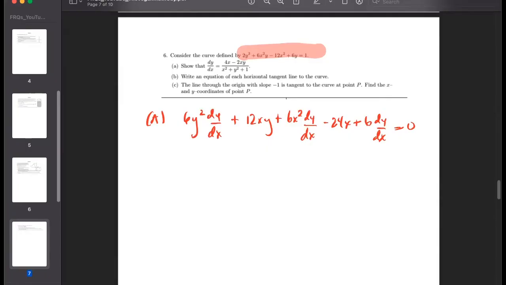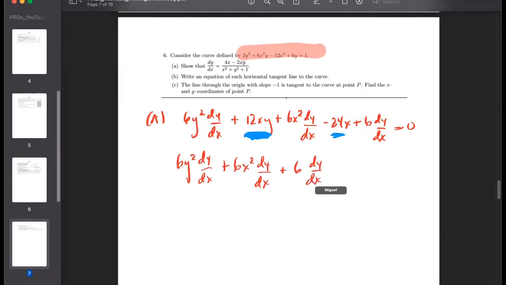So I'm going to move the terms that don't have any dy/dx. In this case, it's only 2 of the terms. I underlined them in blue. I'm going to move those to the other side. So I have 6y squared dy/dx plus 6x squared dy/dx plus 6 dy/dx is equal to -12xy plus 24x.